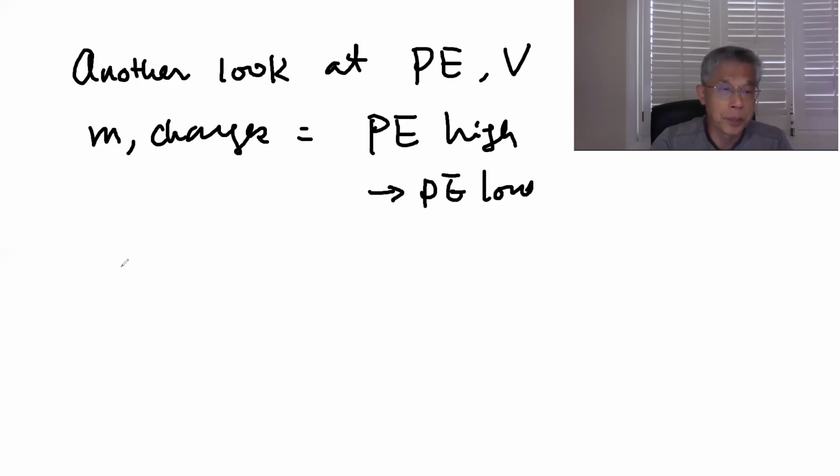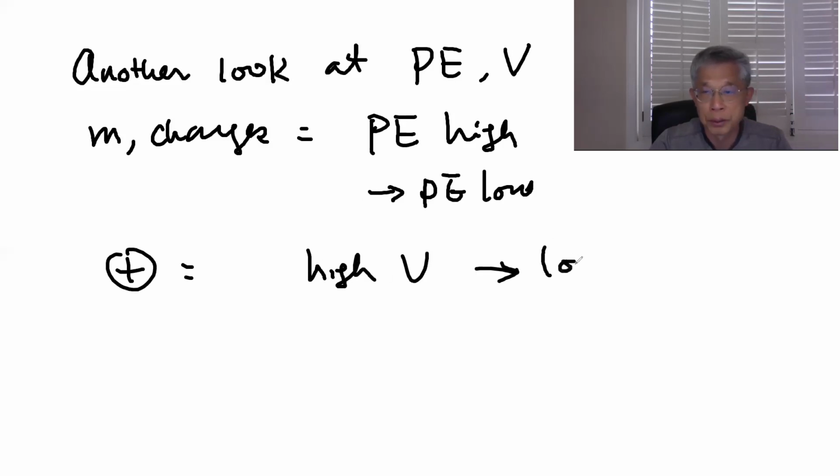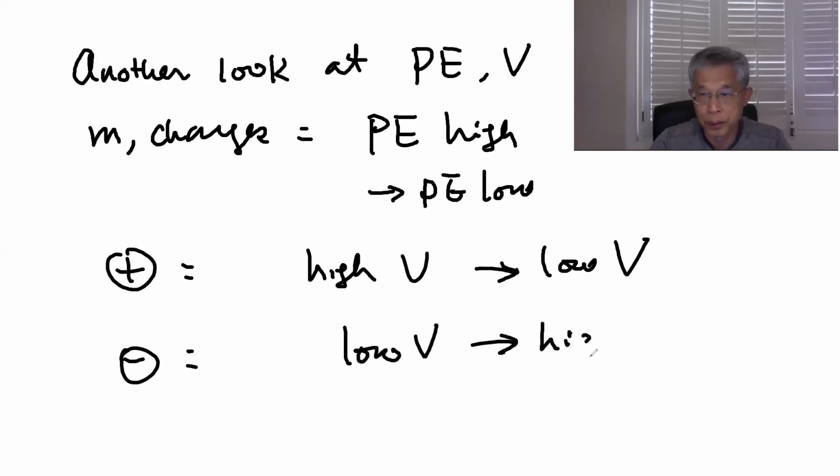But for V, the positive charge likes to go from high V to low V, while the negative charge likes to go from low V to high V. This is the natural tendency.